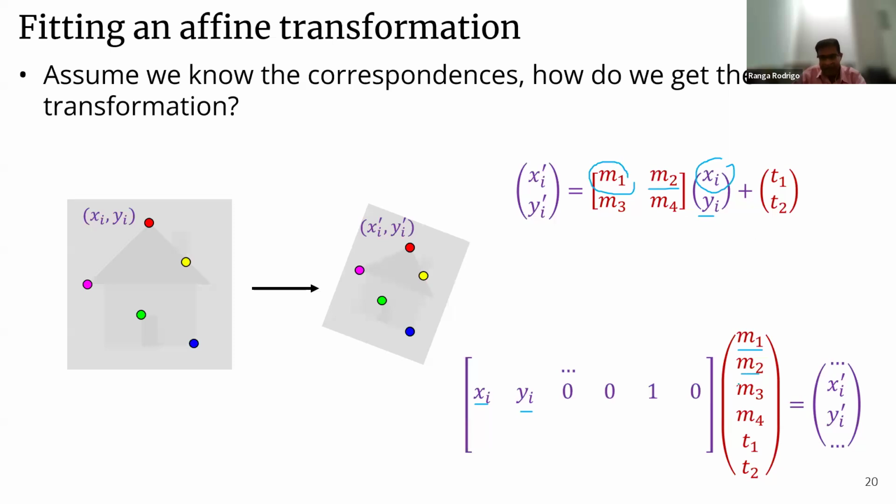Then you have T1 in this equation, so T1 is multiplied by 1 and T2 is multiplied by 0, because T2 is not there in equation number 1. There are two equations, equation number 1 and equation number 2, and we have only shown equation number 1 in this case. So each point match gives you two equations in this context. You can see this is the second equation. I'll give you a second to see whether that is correct.